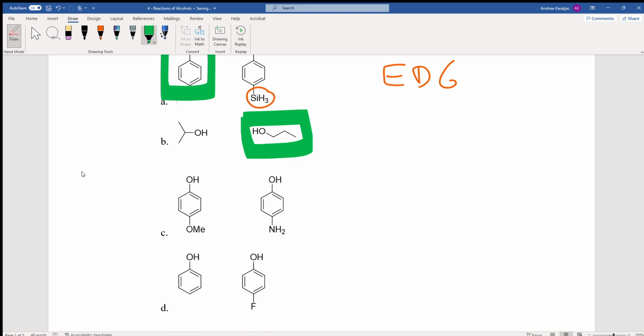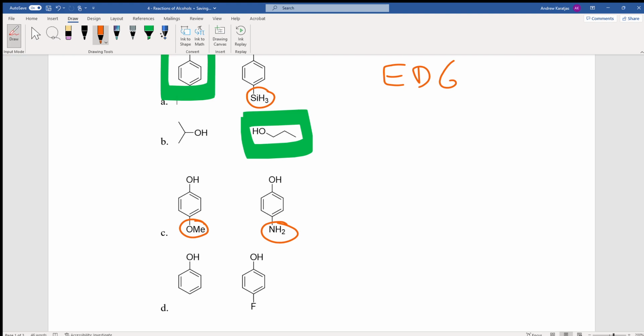And part C is in many ways just like part A. We have 2 phenols again. The difference in these 2 phenols is the substituent. Now, both methoxy and amino are groups that have both electron donating as well as electron withdrawing properties.